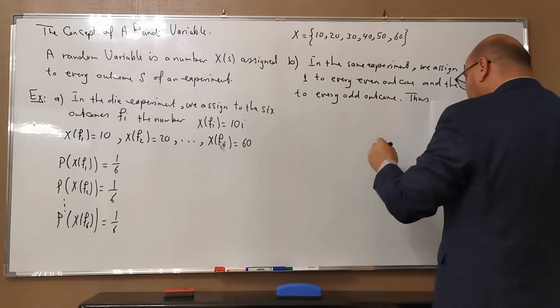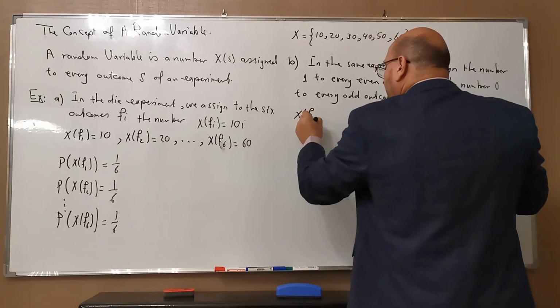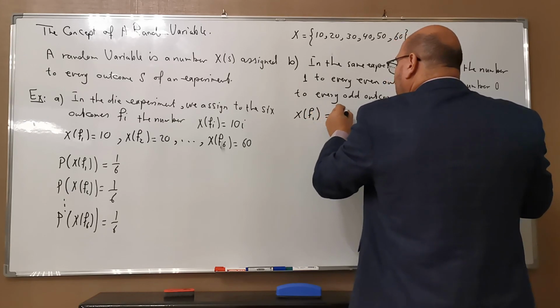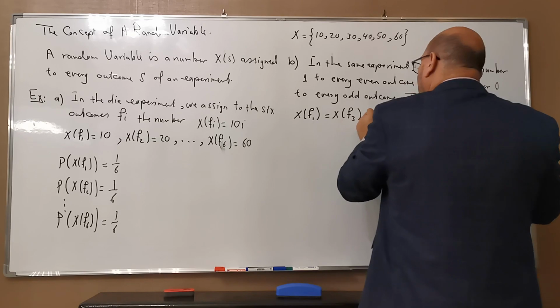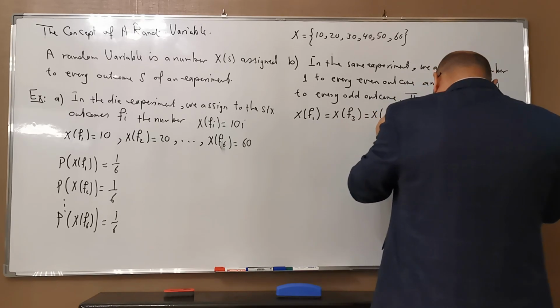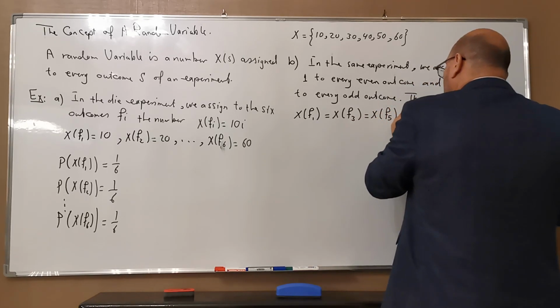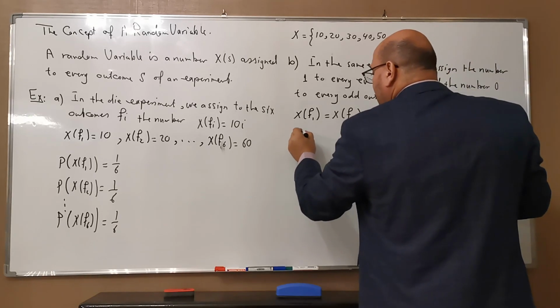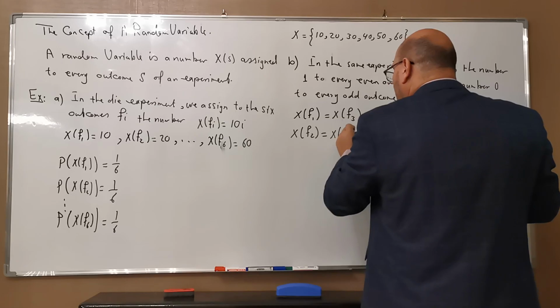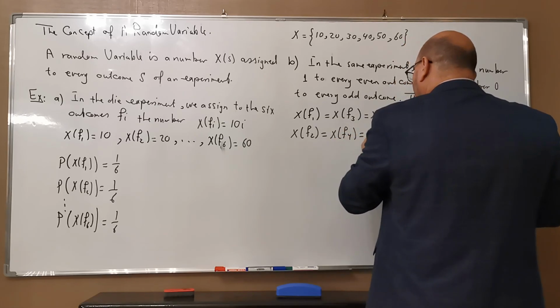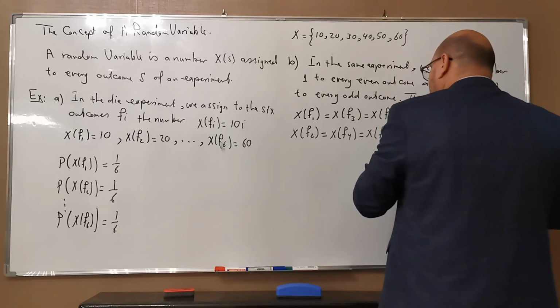Thus, X of F1 equals X of F3 equals X of F5, and all those are equal to 0, and X of F2 equals X of F4 equals X of F6 is equal to 1.